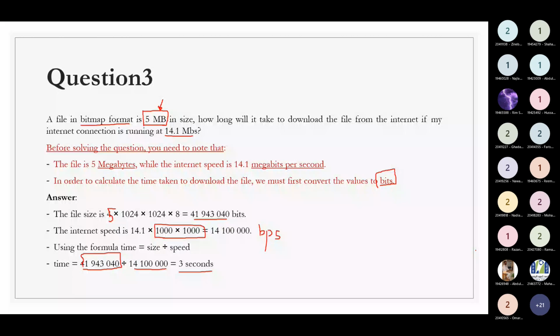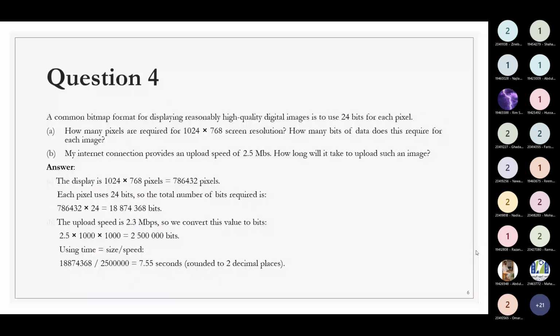Moving now to question number 4. Look at this question number 4. A common bitmap format for displaying reasonably high quality digital images is to use 24 bits for each pixel. So this is the RGB model. How many pixels are required for this screen resolution?